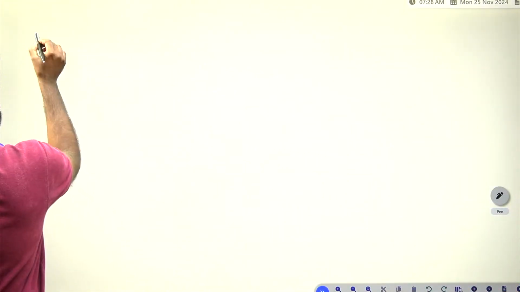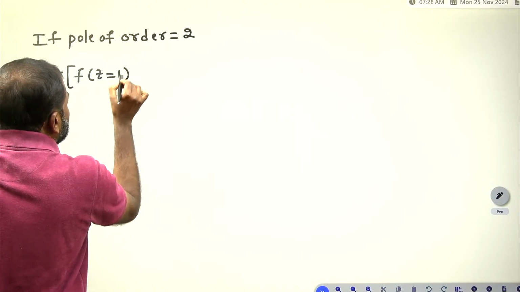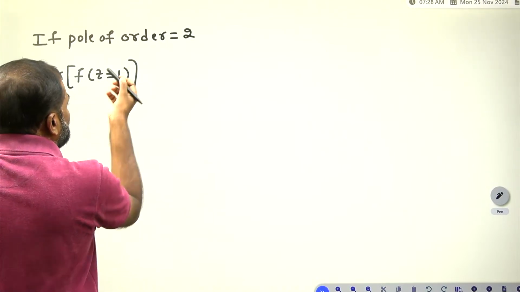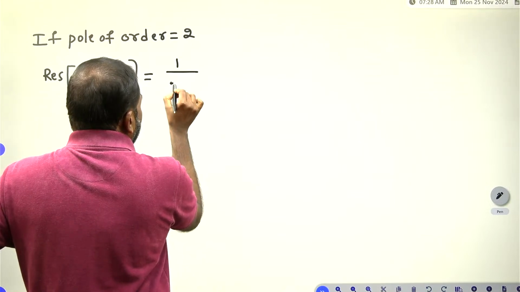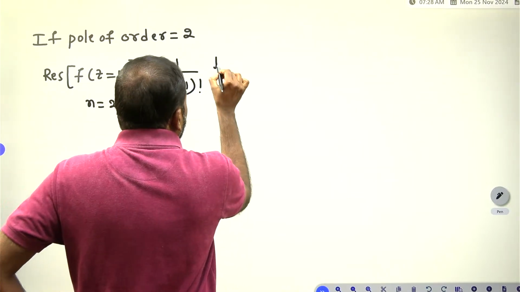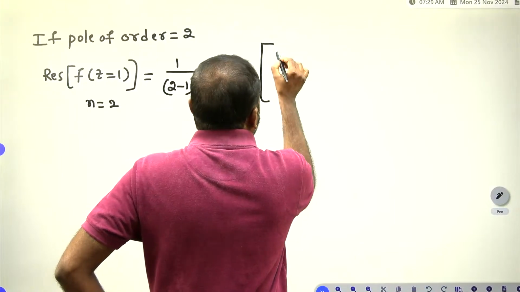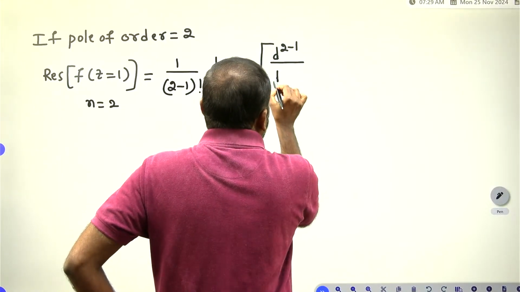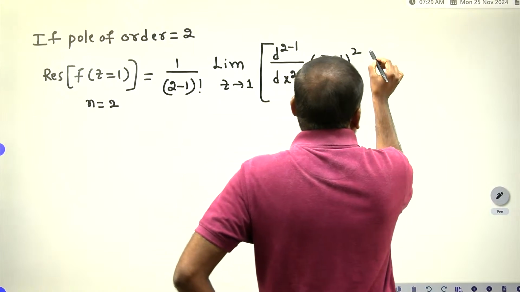If the pole of order is equal to 2, the residue of f of z at z is equal to 1, with n equal to 2, is 1 by (2 minus 1) factorial, limit z tends to 1, d to the power of 2 minus 1, dz to the power of 2 minus 1, of (z minus 1) whole square into f of z.